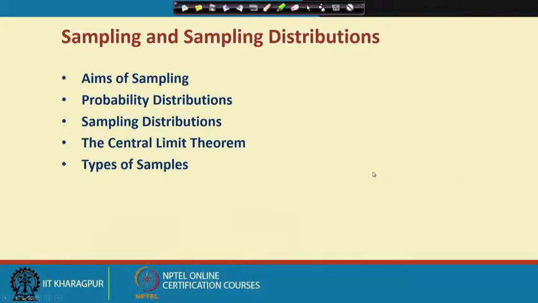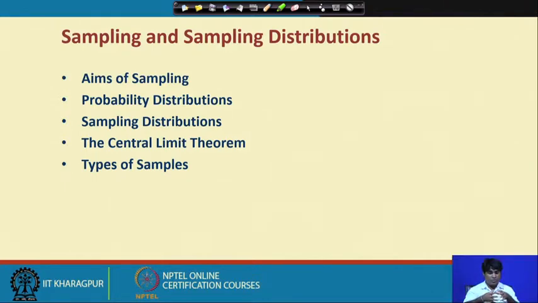So, now what is happening here? These are the things we are supposed to highlight: aims of sampling, probability distributions, sampling distributions, the concept of the central limit theorem, and types of sampling.